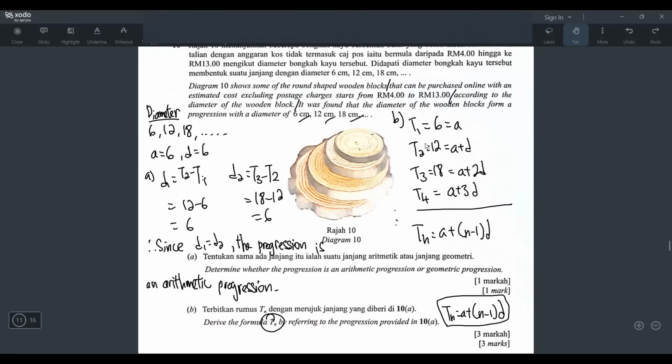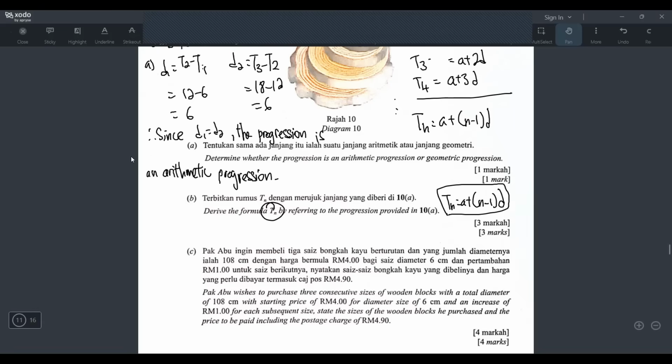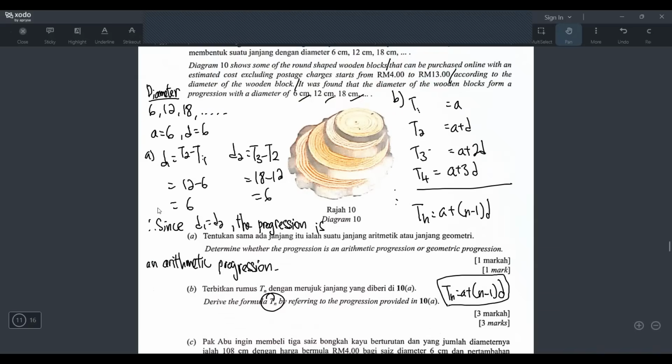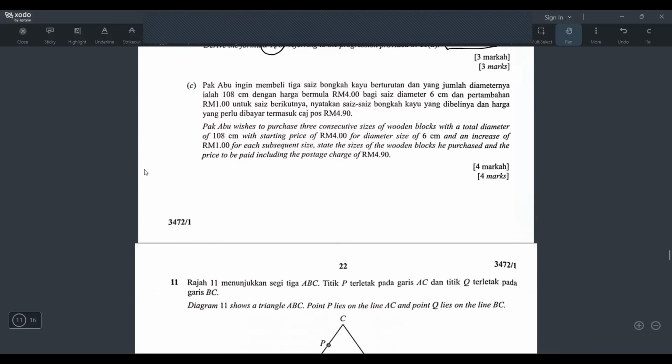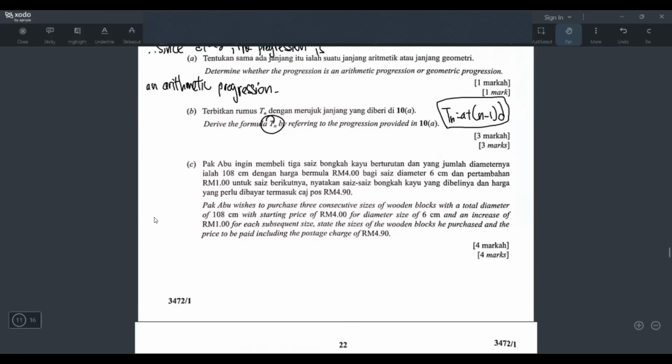Not deduction, induction. They give you a bunch of specific statements and you generalize. So that's what I'm doing: a plus d, a plus 2d, and then I generalize. It's only 3 marks, so I'll stick to my working and go to C.